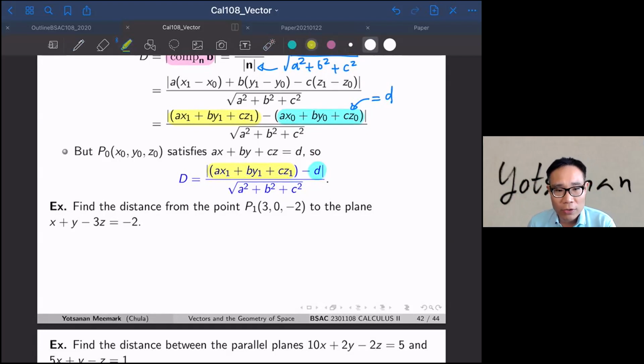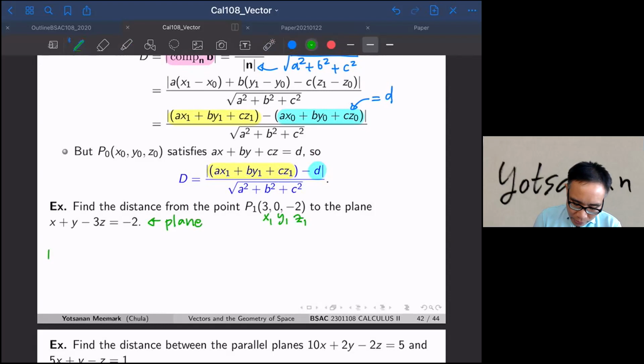Let's try to do one example. We'd like to find the distance from the point P1, with coordinates x1, y1, z1, to the plane. This one will be your plane. So the distance D turned out to be the absolute value. You're going to plug 3, 0, and -2 into the plane.